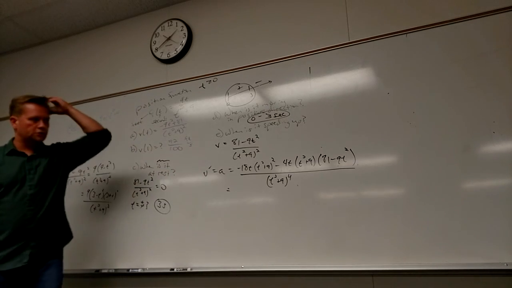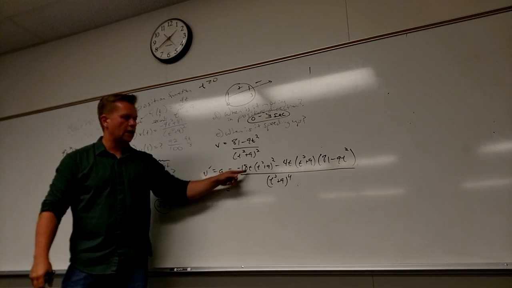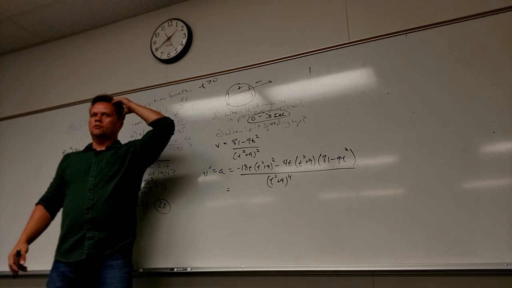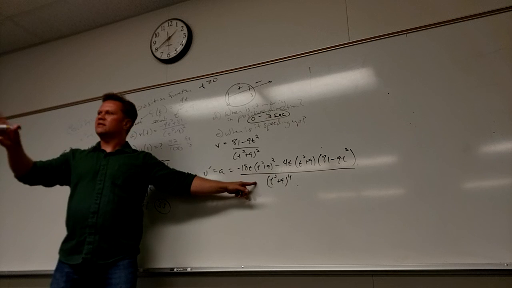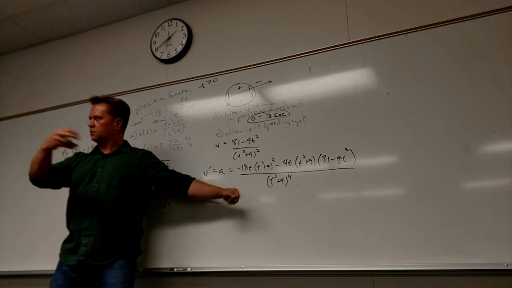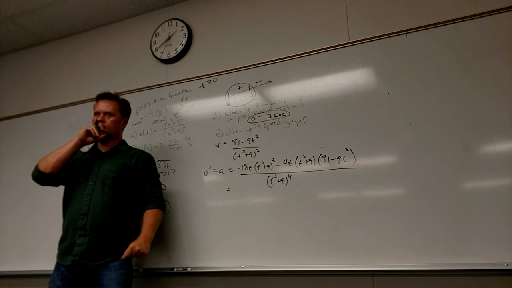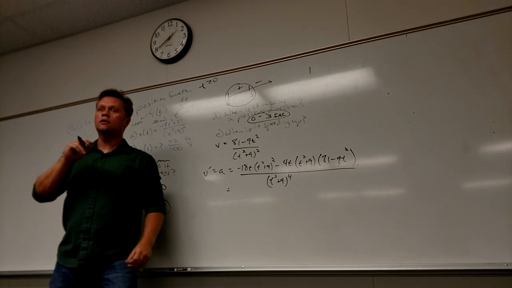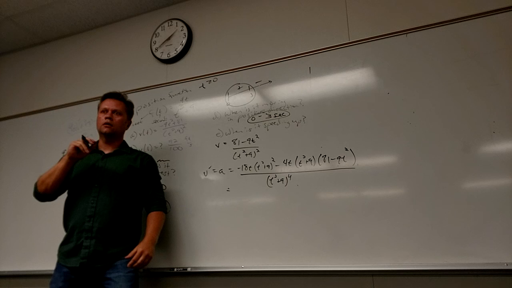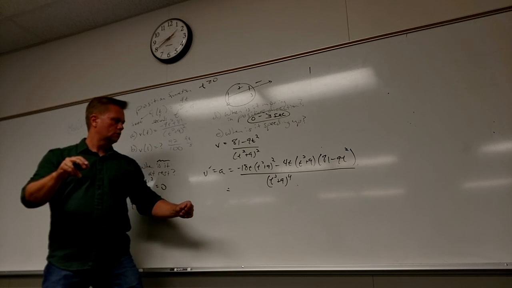Now, this is where people start going a little insane. They FOIL this out. No. I need to know the sign, so I need to know where the zeros are of this, which means I want to factor it. Can you just say it's 0?